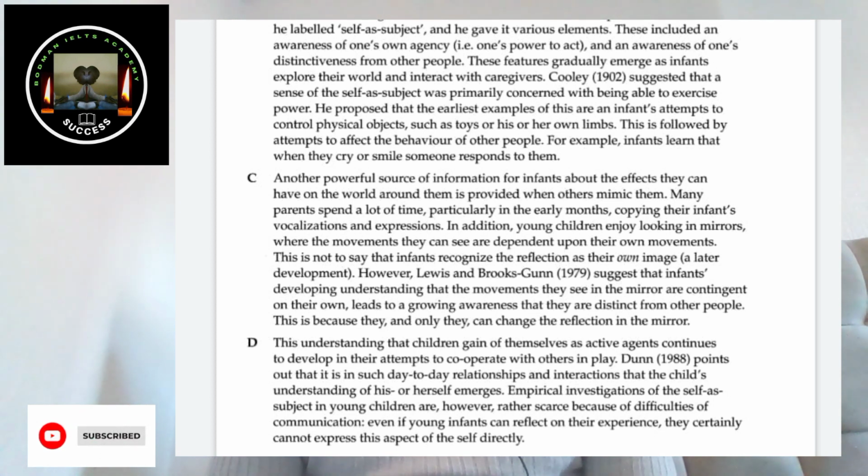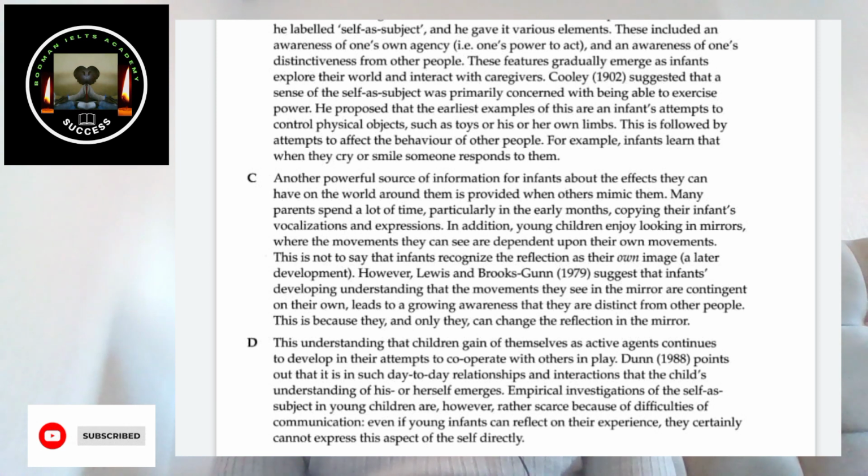If you read about Lewis and Brooks-Gunn, 1979, they suggest that infants develop an understanding that the movements they see in the mirror are contingent on their own. I like to read from where I will understand the statement better.